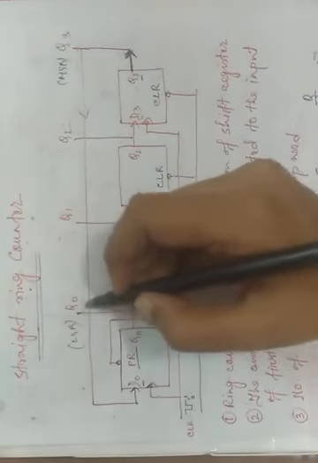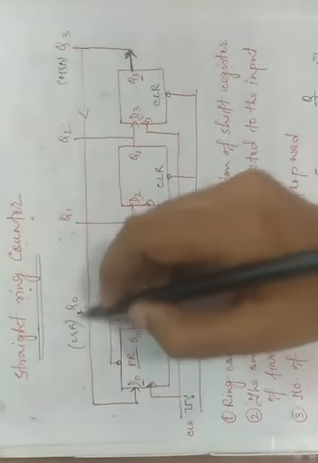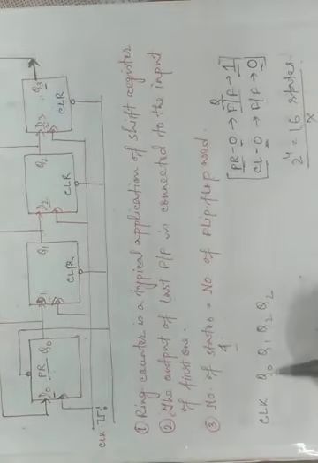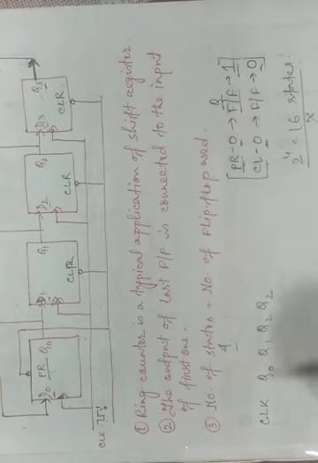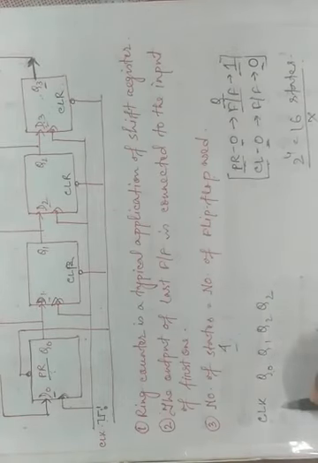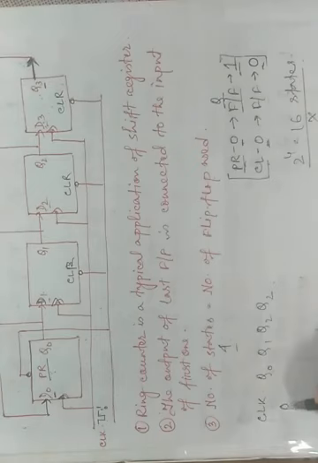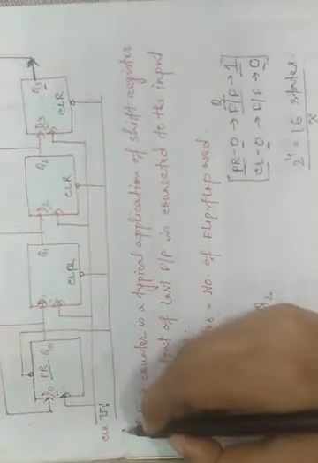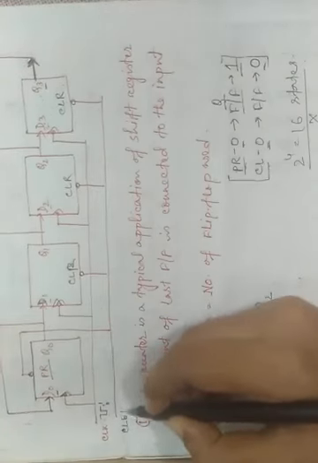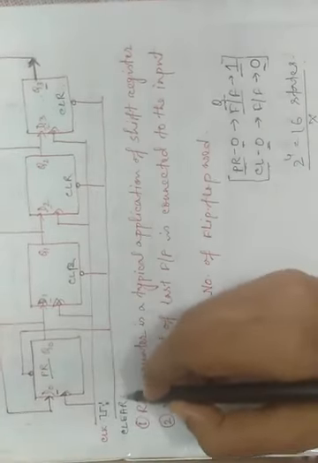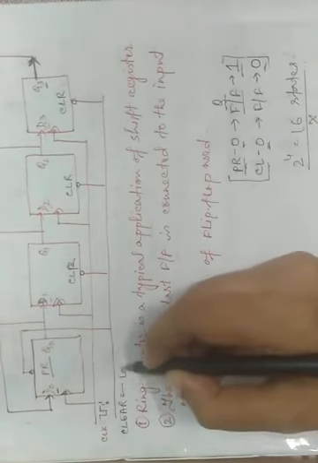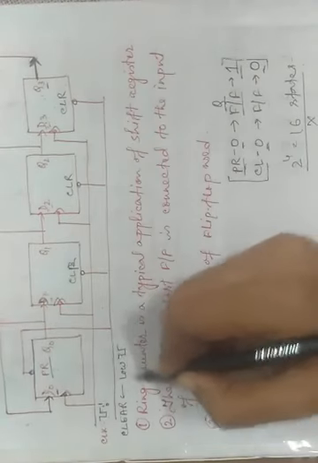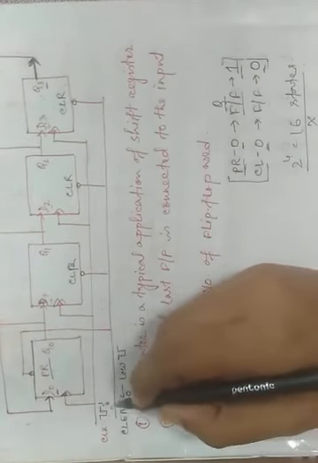So we take these values in the corresponding order. So for the clock value 0, that is the initial stage, when at the initial stage we apply the clear signal, we give clear a low value. Low value means we pass 0, so the clear value will be 0.